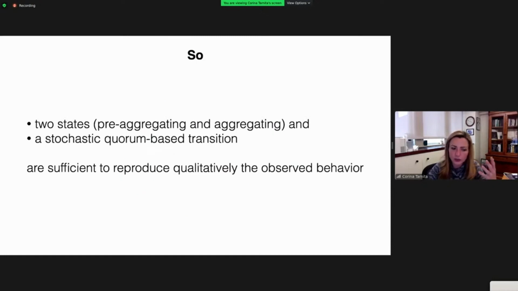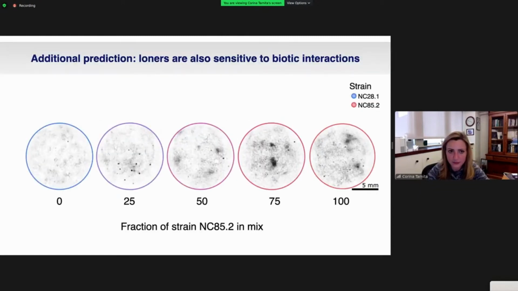So with two states, pre-aggregating and aggregating, and the stochastic quorum-based transition, we could recapitulate qualitatively the observed behaviors, including the constant number of loners left behind. Because in real life they're also using the same signal, we expected that they're also probably very sensitive to biotic interactions. I won't go into this part of the story, but this is also really interesting.